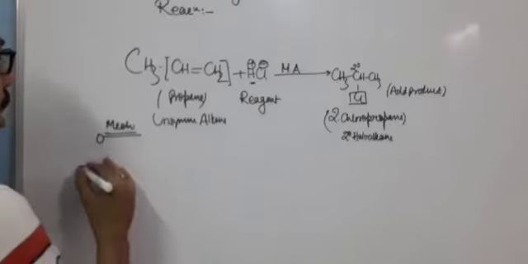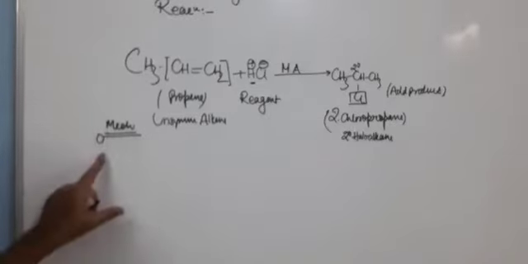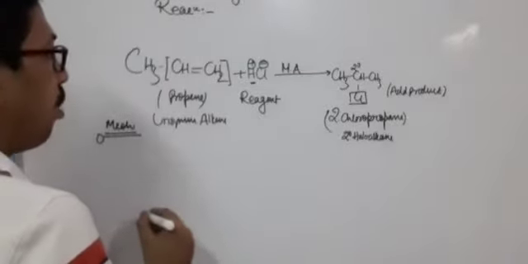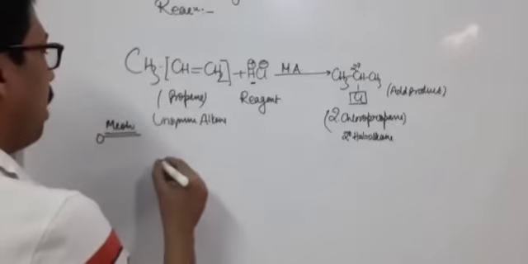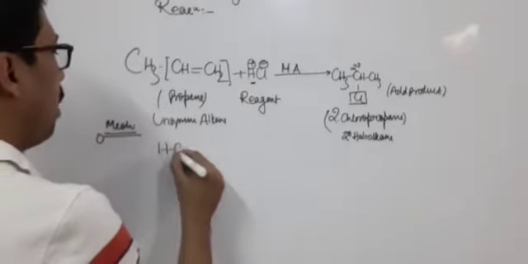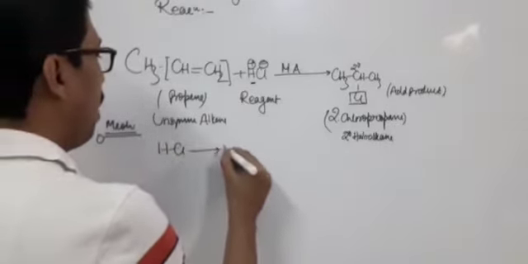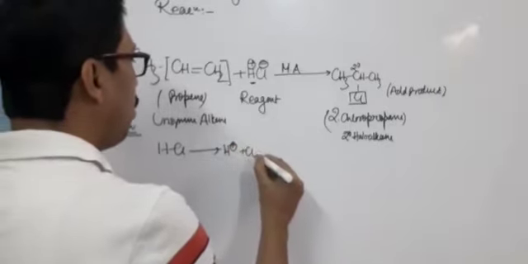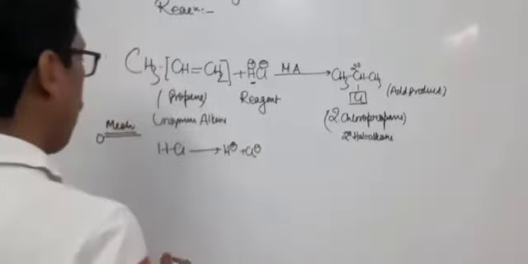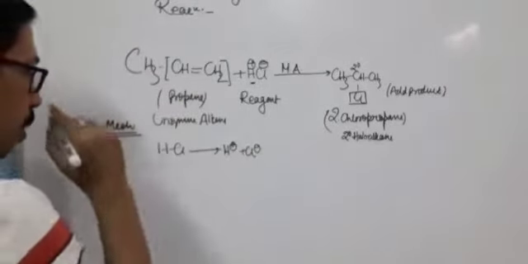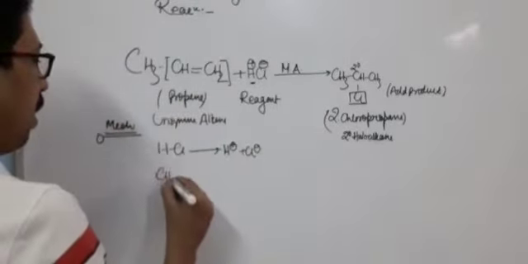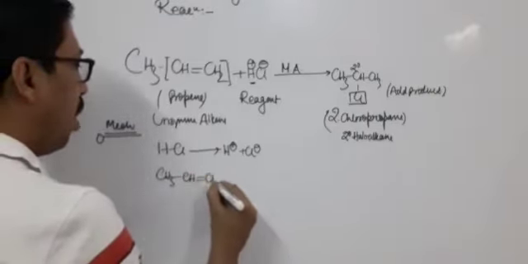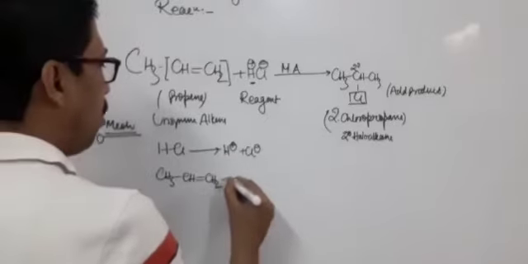Step 1, I am notifying step 1 by using this dot. Step 1 involves the formation of electrophiles. So see how the electrophile is generated. HCl gets ionized into H plus and Cl minus, and then this alkene interacts with the H plus.